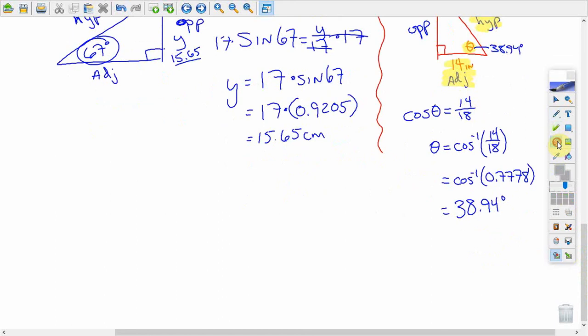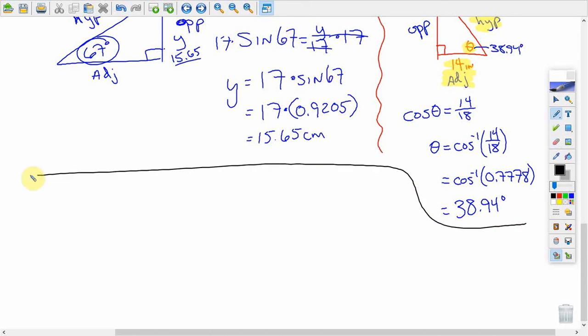Okay guys, so in parting here, let's give you one to do. Let's take another right triangle. Let's say that on this one, we know this is 38 degrees.